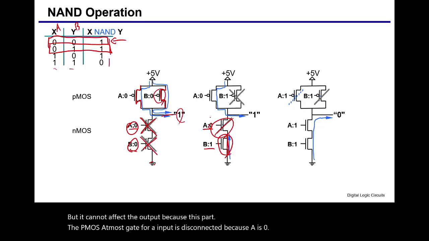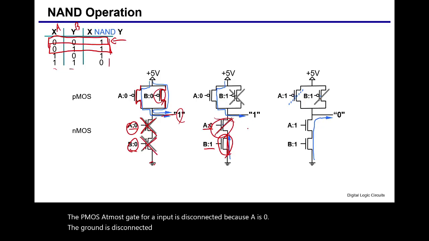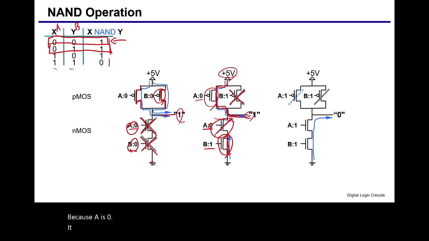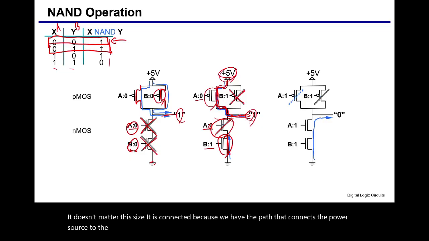So the ground is disconnected from the output, but the power source can be connected to the output because one of the paths that connects the power source to the output is connected because A is 0. It doesn't matter that this side is disconnected because we have the path that connects the power source to the output, and the output can become 1.